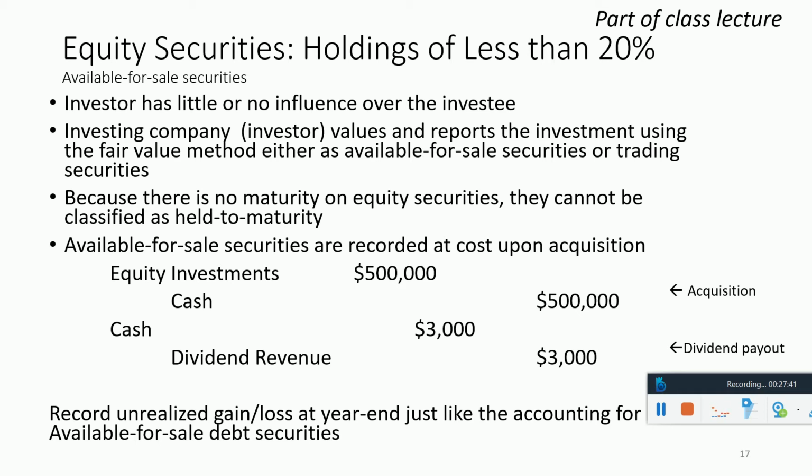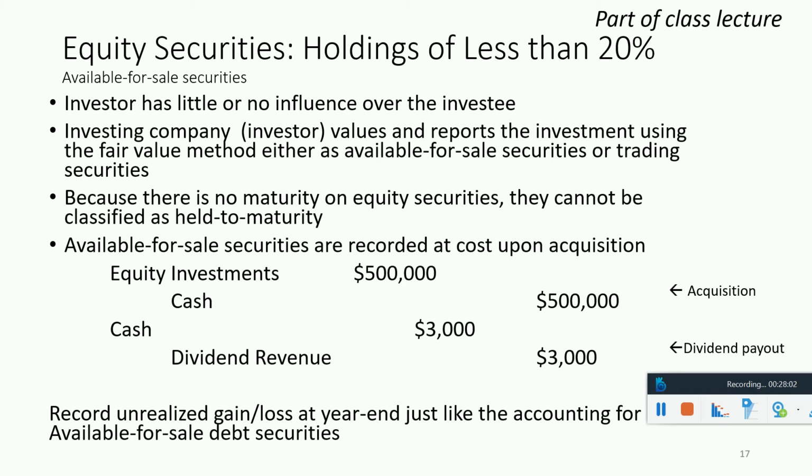Now, keep in mind, a few minutes ago, I talked about how held to maturity securities have an ending maturity date, and equity securities never have an ending maturity date, so equity securities can only ever be available for sale or trading.